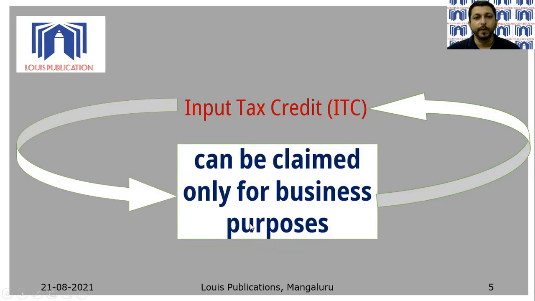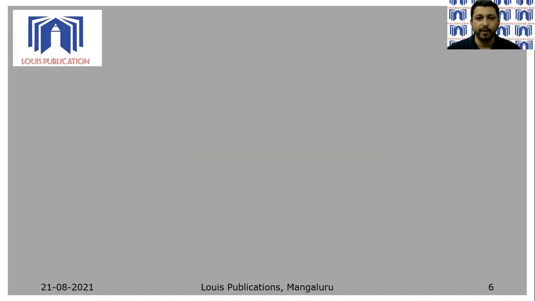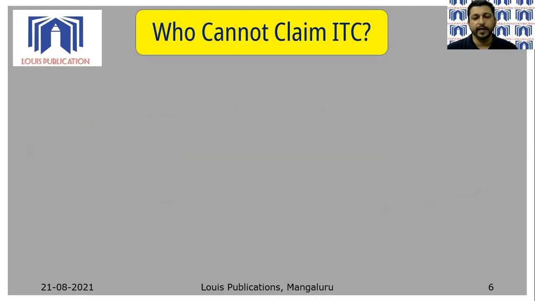If it is used for personal purpose, input tax credit is not available. So input tax credit is available only if the assets, or for that matter goods or raw materials, are used for business purposes. If it is used for personal purpose, input tax credit is not available. So let's be very clear with that.